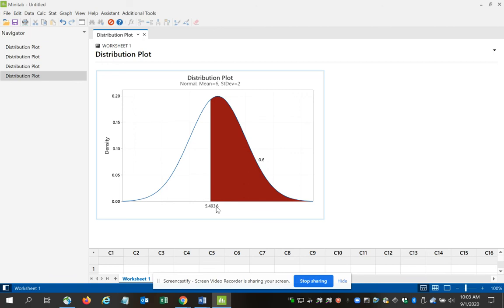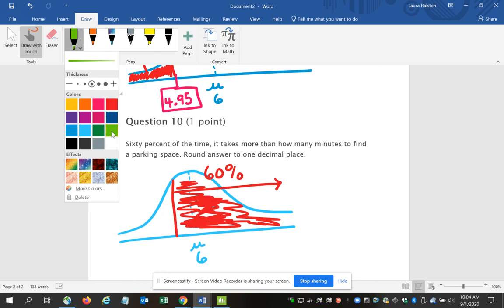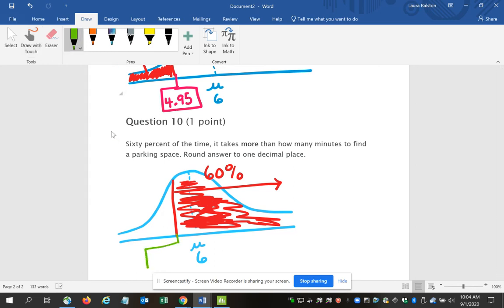My mean was 6, so I get 5.493. Rounded to 2 places, the cut score here would be 5.49. So 60% of the time it takes more than 5.49 minutes to find a parking space at 9 a.m. So there's just some examples of normal distribution and using Minitab.